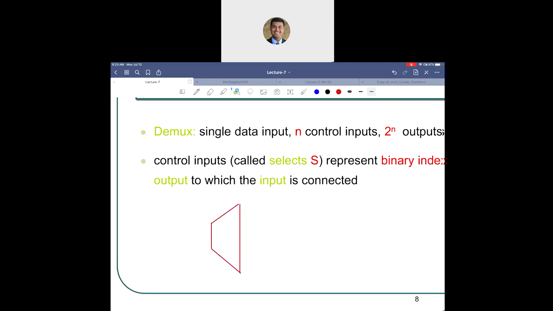I've got one input here, and this can be many outputs. Let's say for this example, I select 4 outputs. And if the number of outputs of a demux is 4, I would definitely need 2 select lines for this. So I'm going to draw the 2 select lines right here.